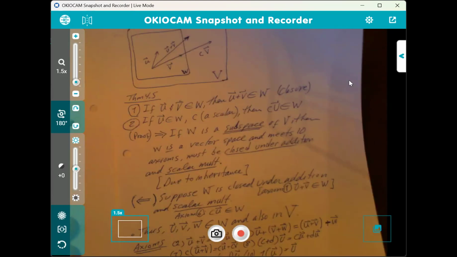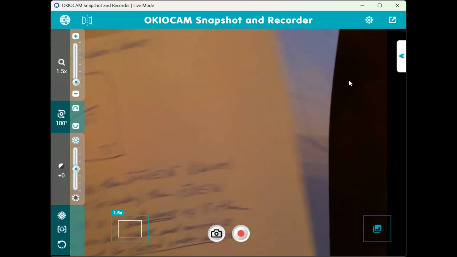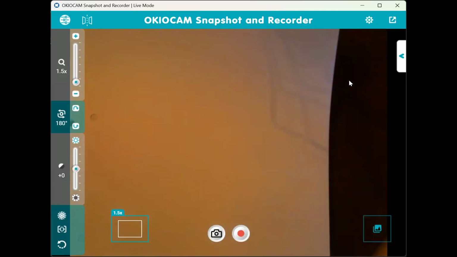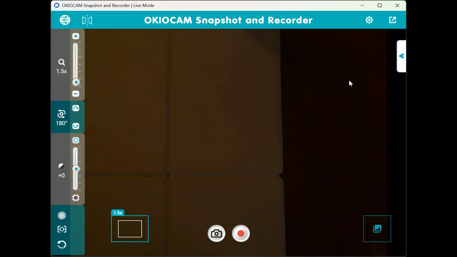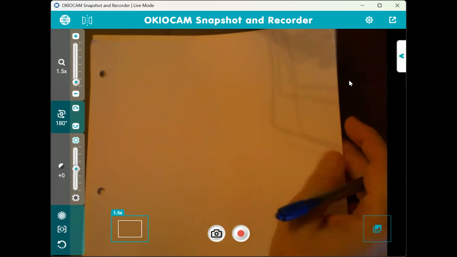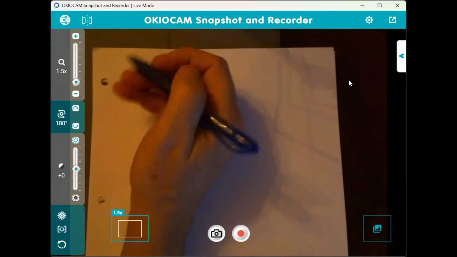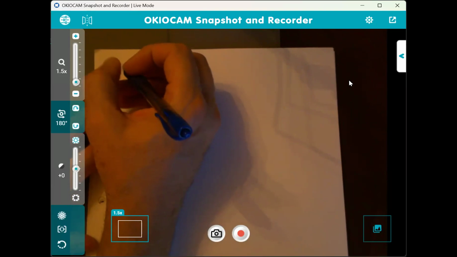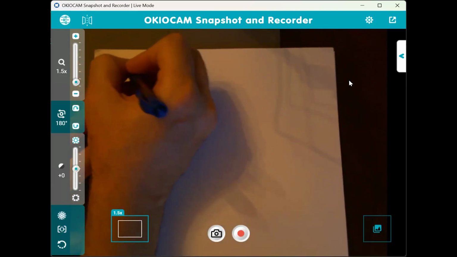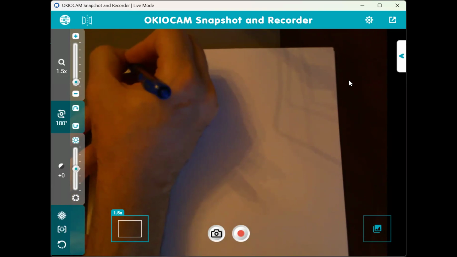Okay. Now I know you're wondering, can we see some examples? So let's do that. Let's look at a few examples. The first example is in section 4.3.